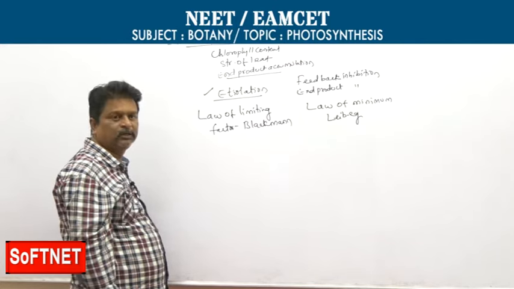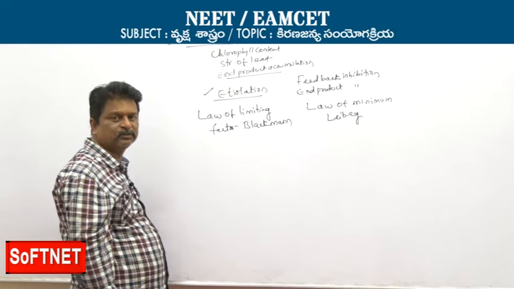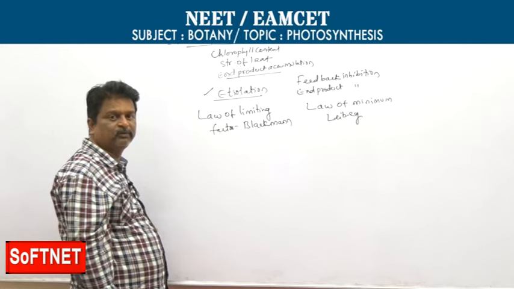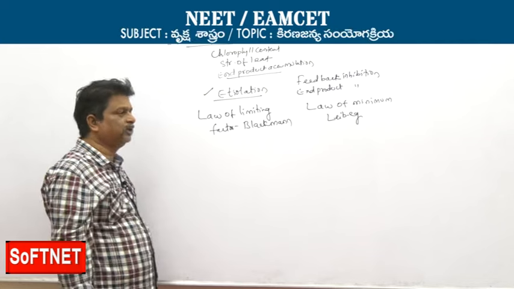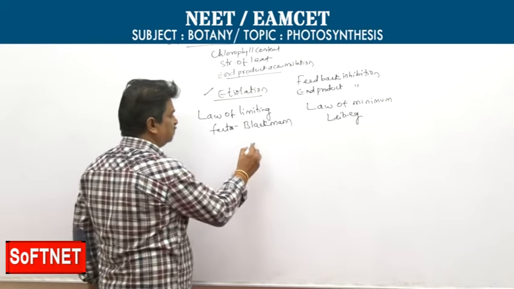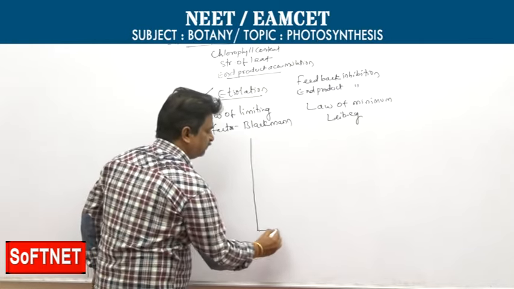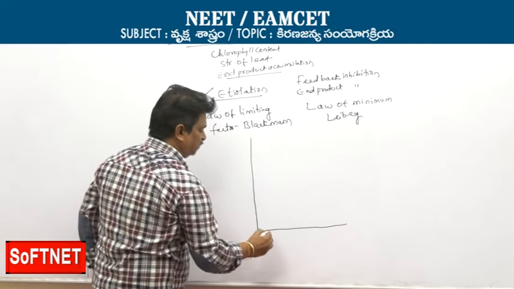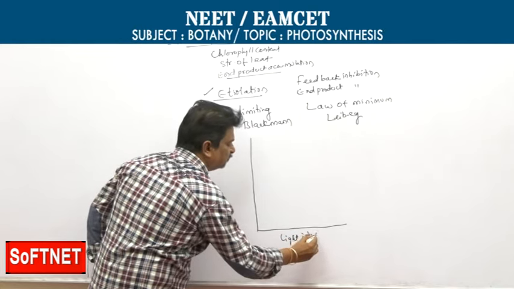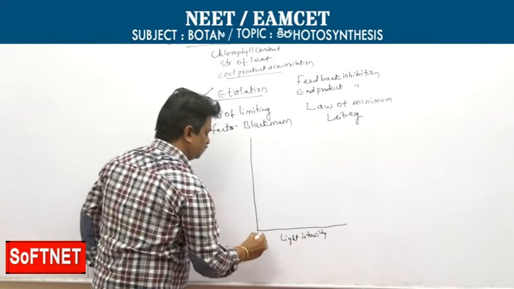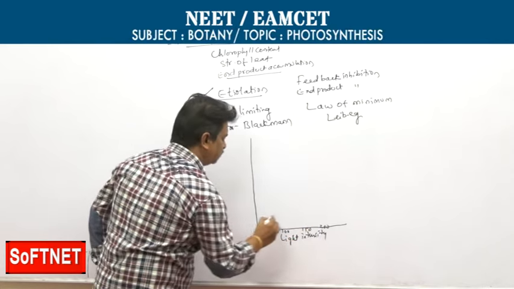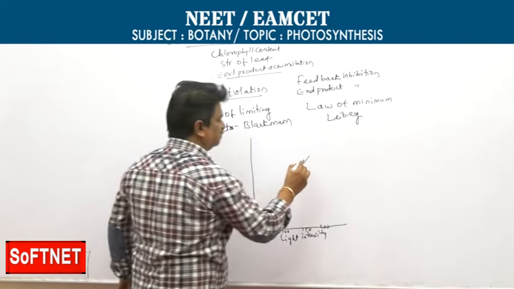Generally, limiting factors for photosynthesis are carbon dioxide and light, but the most common limiting factor is carbon dioxide. Only in rare cases, in sciophytes, light becomes the limiting factor. Here this graph shows carbon dioxide becomes the limiting factor.